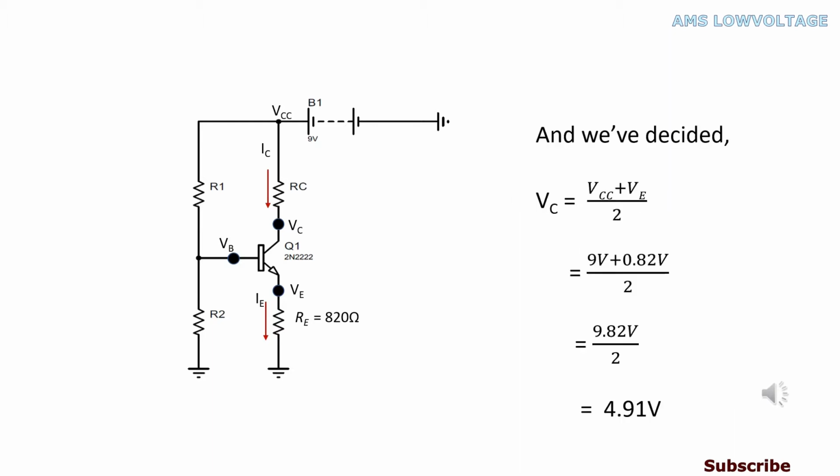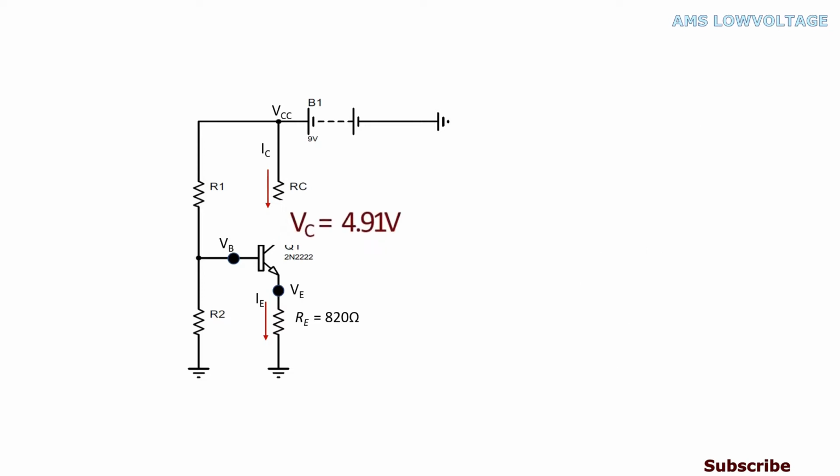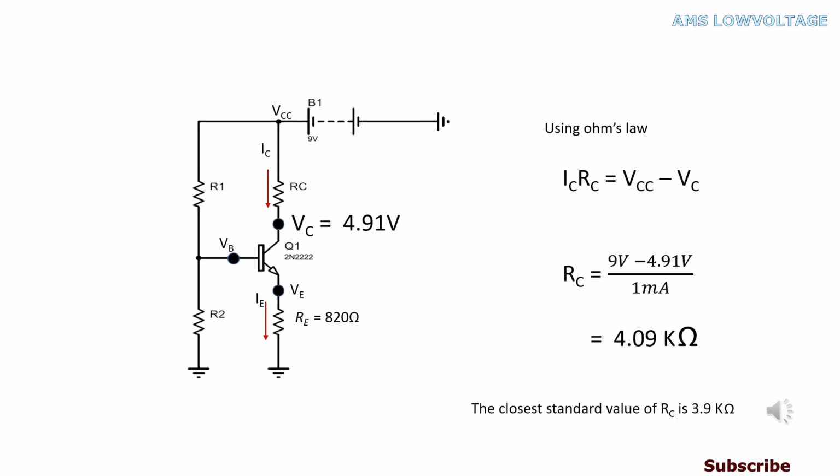And we've decided the voltage at the collector terminal, VC equals (VCC plus VE) over 2. After putting in the values of VCC and VE, we've got VC equal to 4.91 volts. Now, we are focusing on the voltage across RC from the circuit diagram.